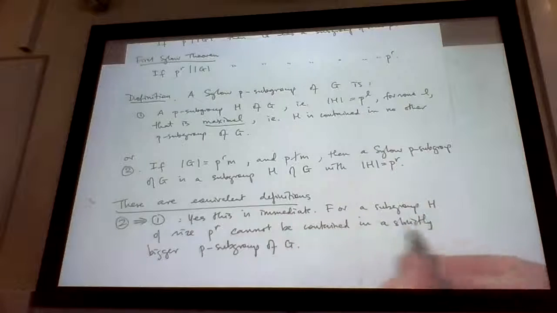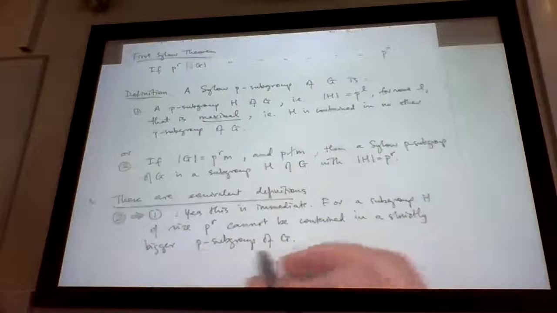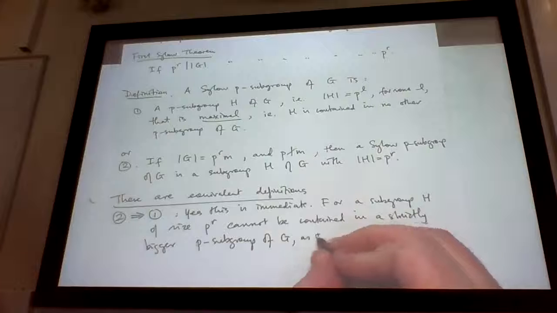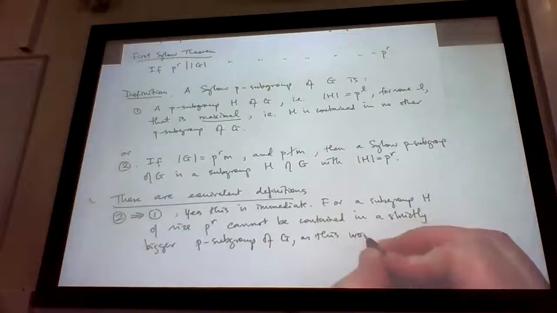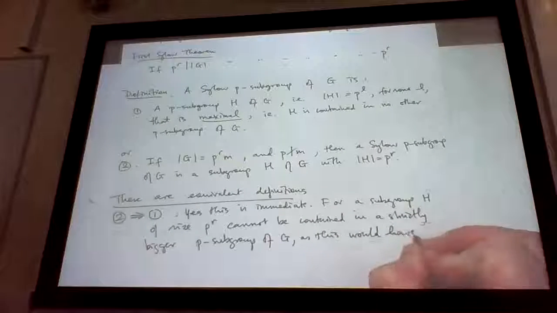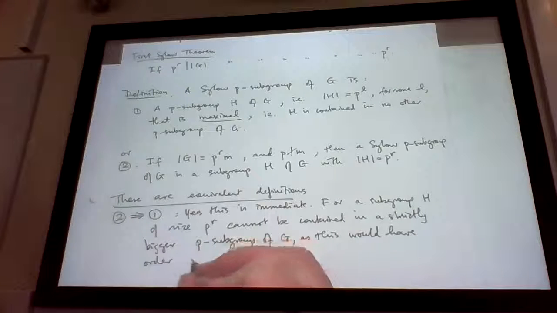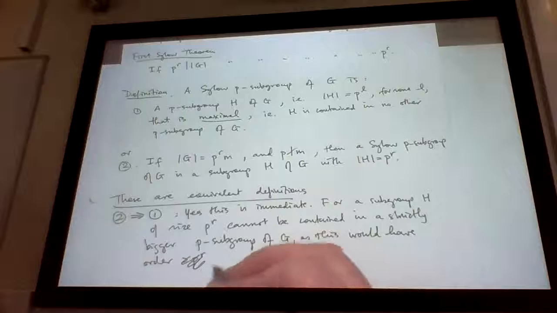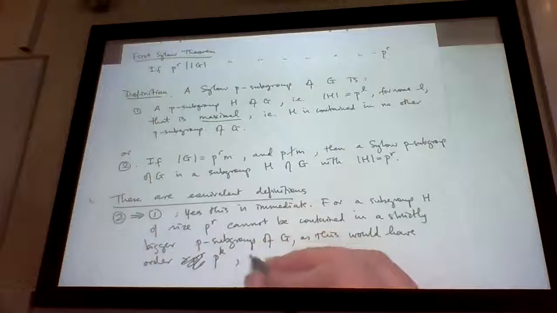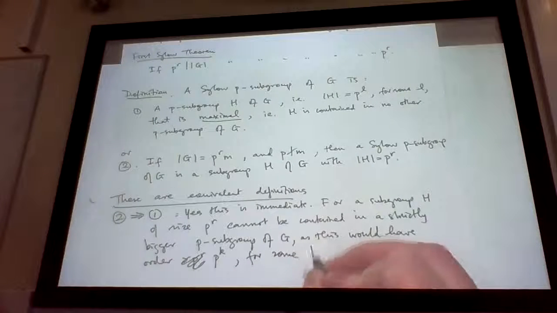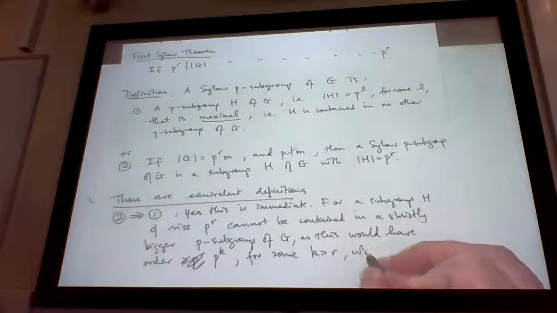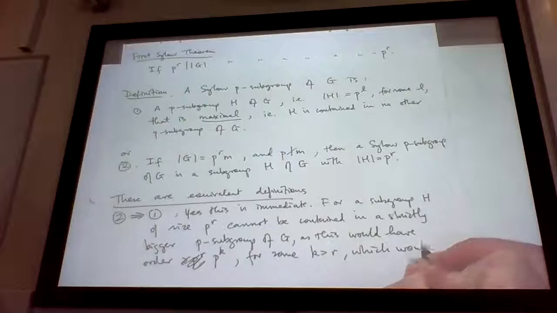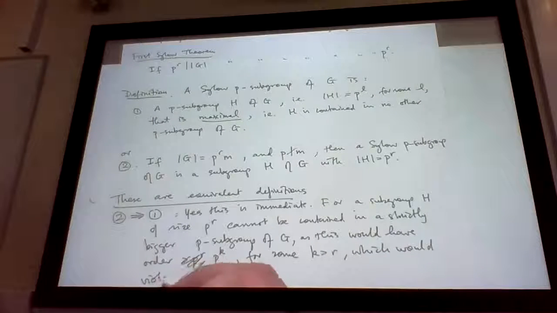M. So this subgroup H cannot be contained in a strictly bigger P subgroup of G, as this would have order strictly bigger than P to the R. Well, this would have order P to the K for some K strictly bigger than R, and this would violate Lagrange's theorem.